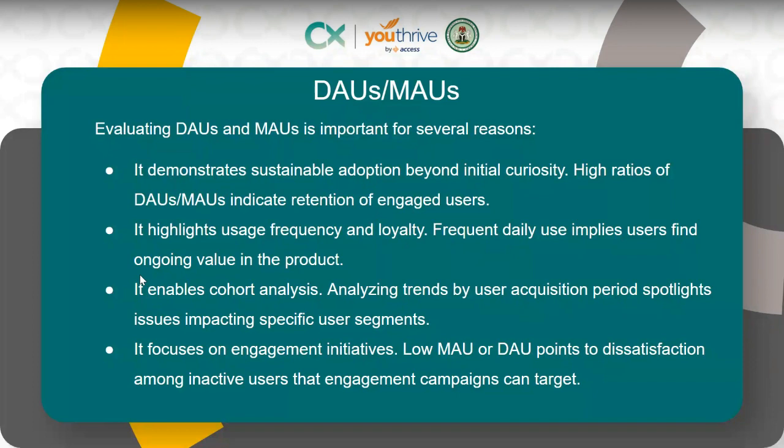People start downloading your solution or visiting your website, but you notice that in the next series of days, the number of your daily active users is drastically reducing. So it means that something is wrong with the product. It's not about your marketing any longer. There's something wrong with your product. So there's that part as well.